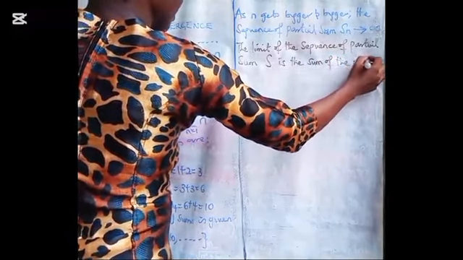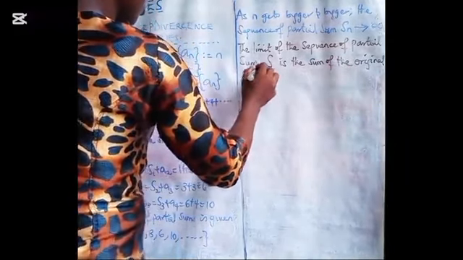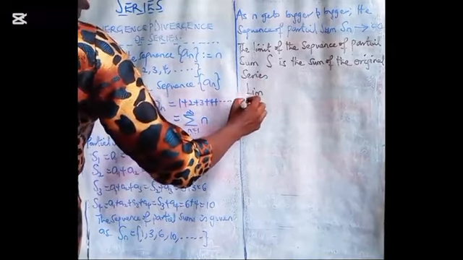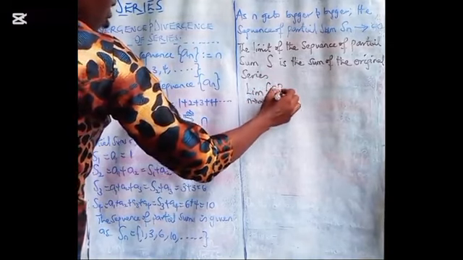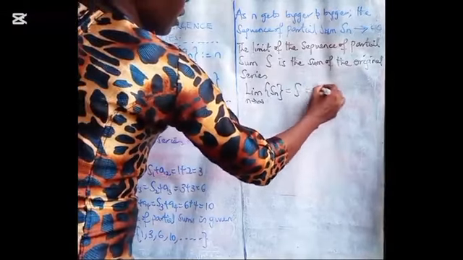The limit of the sequence of partial sums S is the sum of the original series. What do we mean by that? The limit as n tends to infinity of Sn is equal to S and is equal to what?